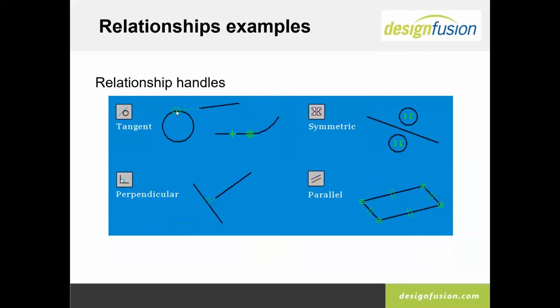Tangent, notice we don't have to be connecting to still be tangent. Tangent there, so that endpoint is tangent. That's an arc drawn in there. Perpendicular, parallel, and symmetric. So these are some of the handles there. Again, it's not all of them, but it's the most common ones, just to give you an idea of what kind of constraints we have.